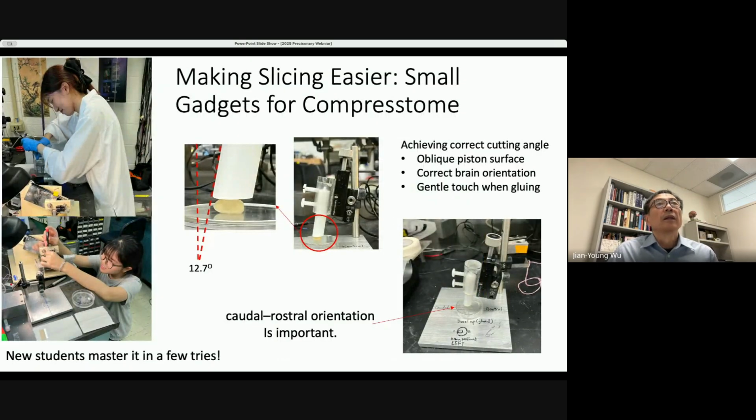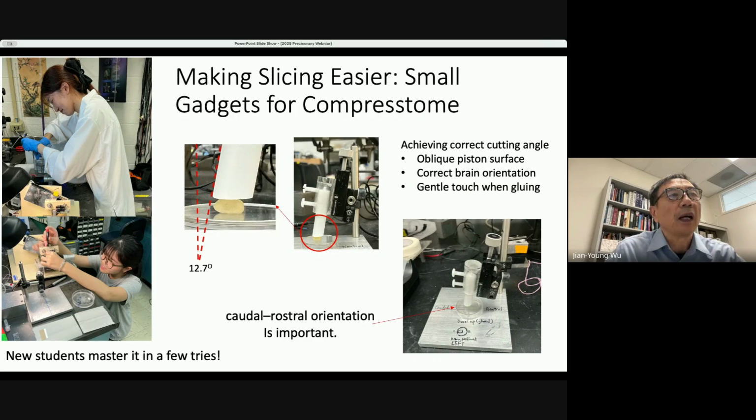All right. So now I'm talking about some small gadgets we made in our lab. Why do we do that? Because I'm training master students. I train 1 or 2 for recording sharp waves from ex vivo slices, 1 or 2 master students and sometimes 1 or 2 PhD students each semester.